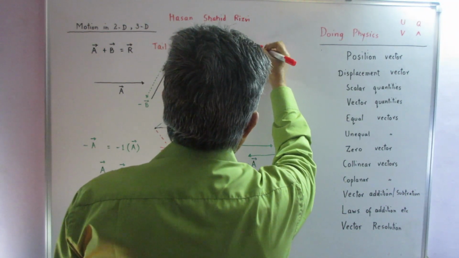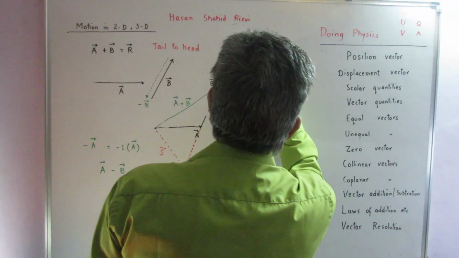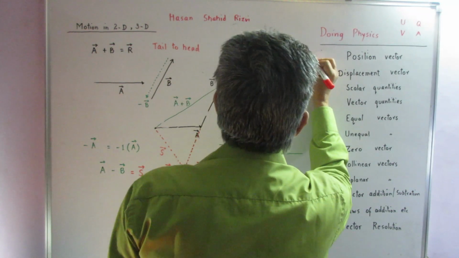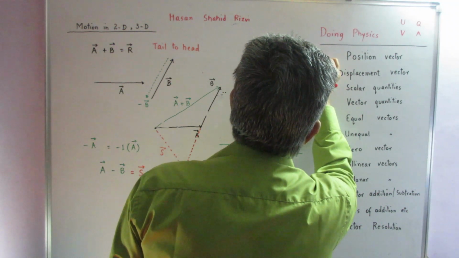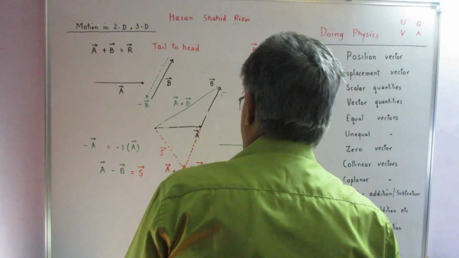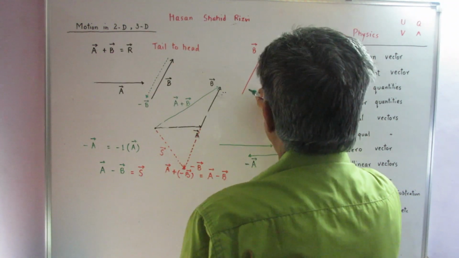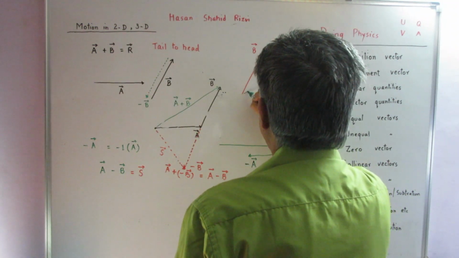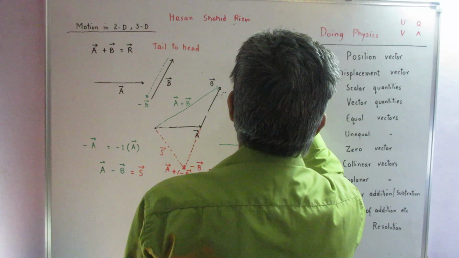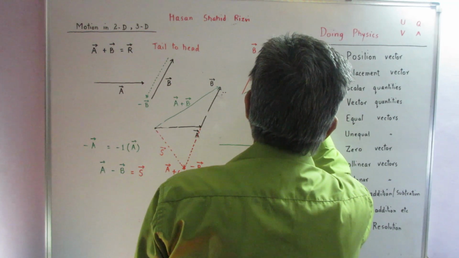This is my vector B. And then from the head of this B, I draw the original vector A parallel to the vector before, then I will get this as vector A. So if I now connect the tail of vector B, the starting point, to the head of the vector A, I again get a vector over here, and this vector becomes equal to, by definition, B plus A without changing the sequence.